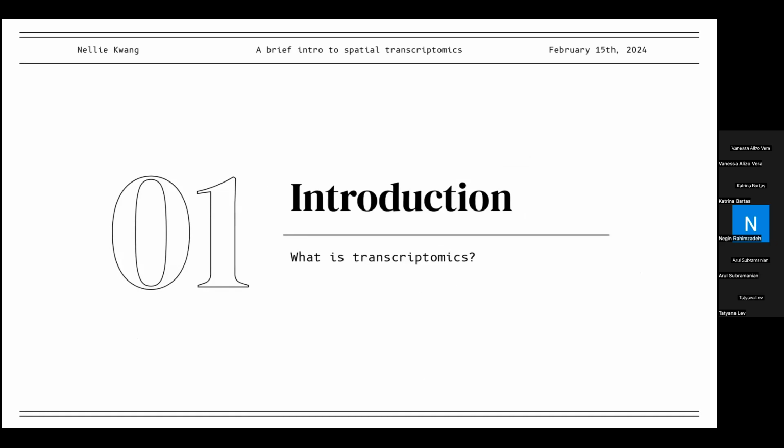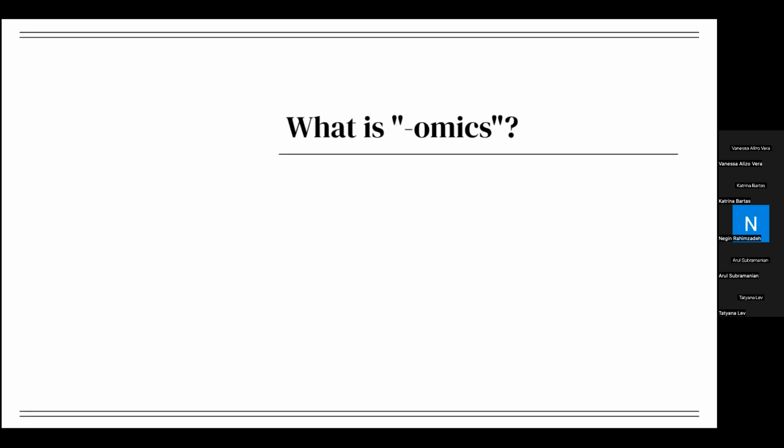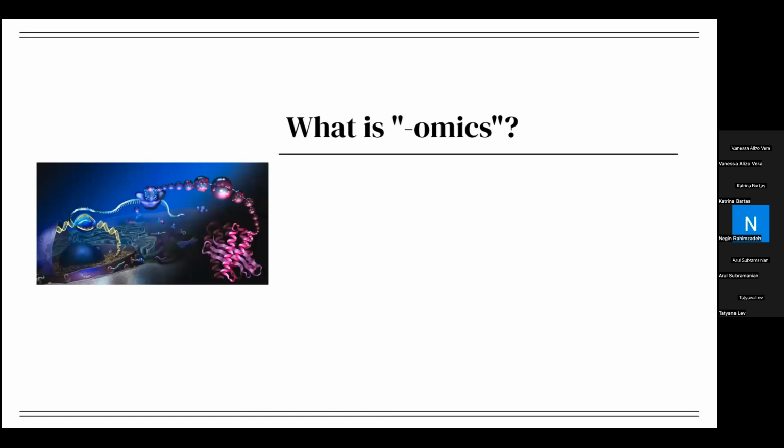So first I'll just talk a little bit about what transcriptomics is. In order to talk about transcriptomics, I need to first define what omics is. On the left, here's a picture of the central dogma, which everyone knows. There's DNA that's transcribed into RNA, which is translated into protein.